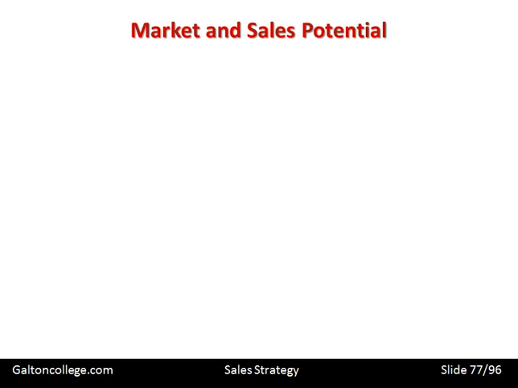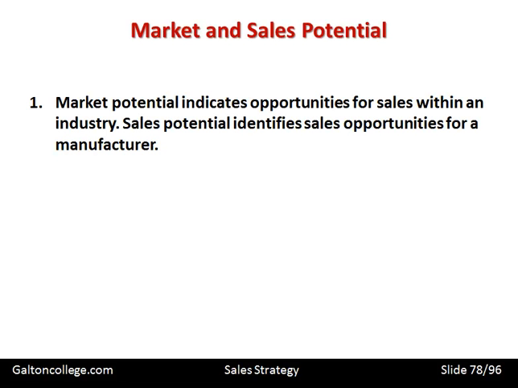Market and sales potential. Well, market potential indicates the opportunity for sales. That's what we mean by market potential. It's the opportunity for sales. Sales potential identifies sales opportunities. So, is there potential for sales within the market?